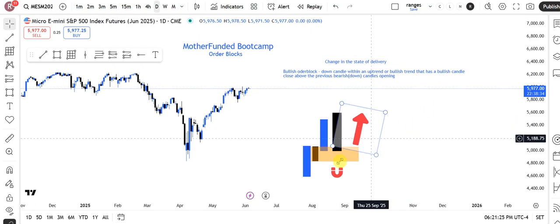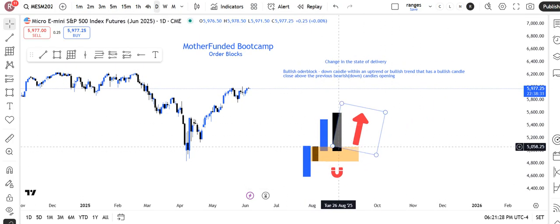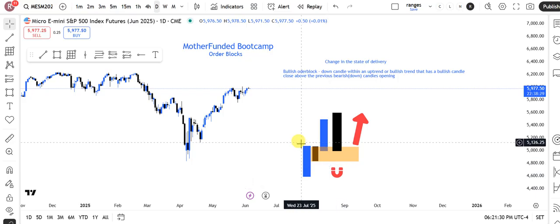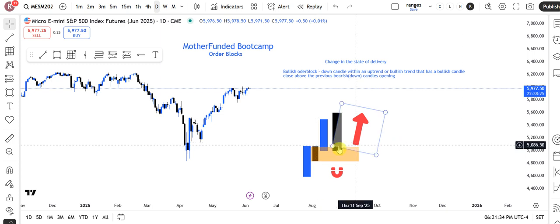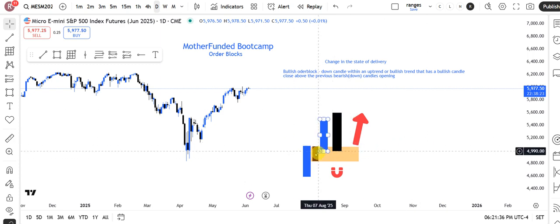Let me see. Now, the confusing part is that it's not always going to be this perfect, and it might not always have just one single candle. There might be multiple streams of candles.